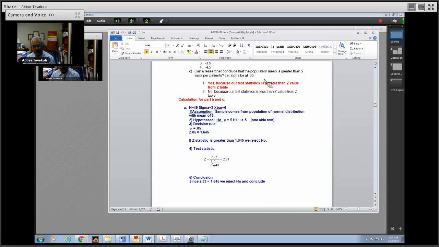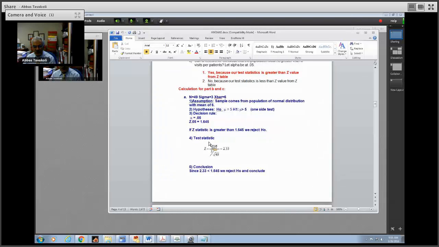Can we conclude that the population mean is greater than 5? When you set up your hypothesis, greater than means a one-sided z-test.